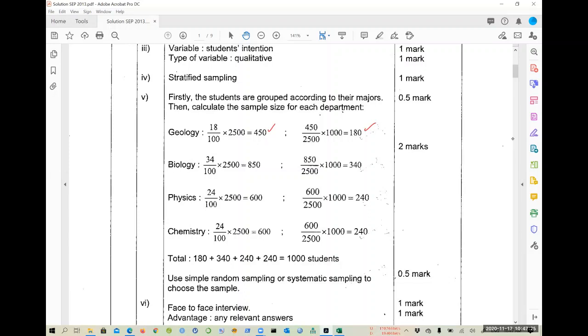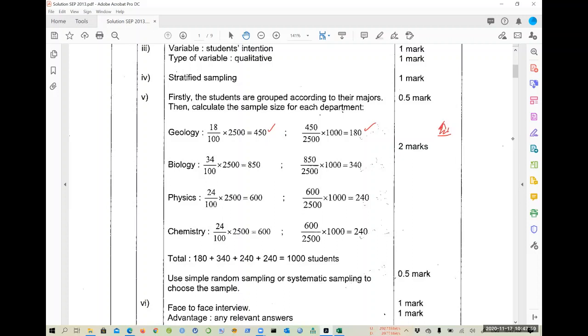So in this case, firstly the students are grouped according to their majors, then calculate the sample size for each department. So that is the starting point. So you calculate the size for each department first, and then using the formula N1 divided, sorry, not N1.